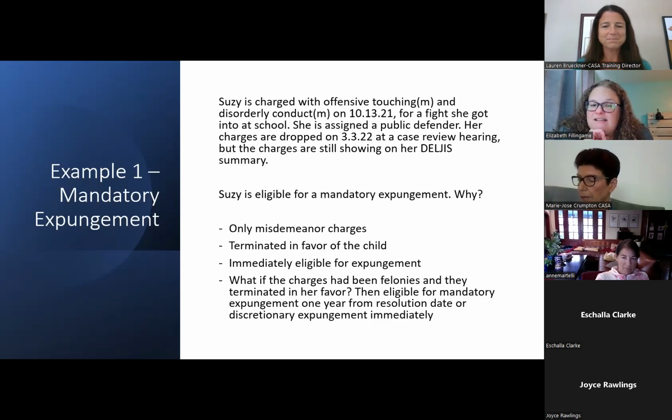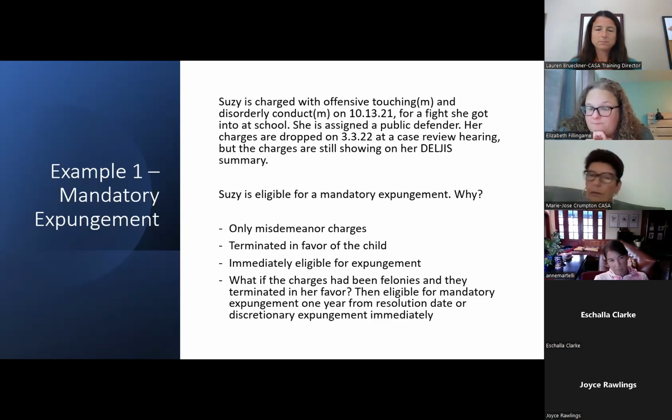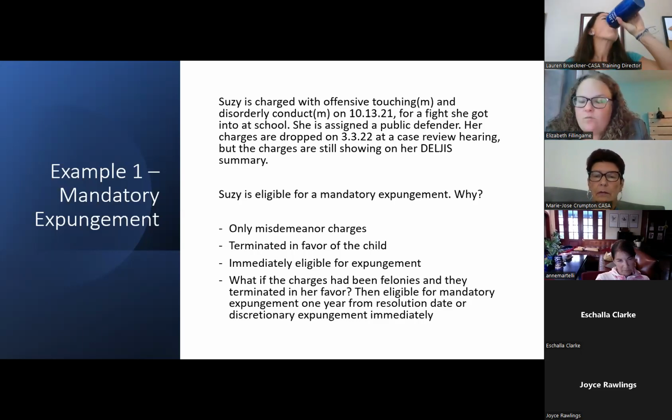What if the charges had been felonies and then terminated in her favor? Then she's still eligible for a mandatory expungement, but it's 1 year from the resolution date, or she could file a discretionary expungement immediately. Sometimes what we'll do as attorneys, if we have this situation where it was a felony, we'll reach out to the Attorney General's office and try to get a hold of the prosecuting attorney who prosecuted the case and say, listen, I could wait a year, but I'd rather file it now.